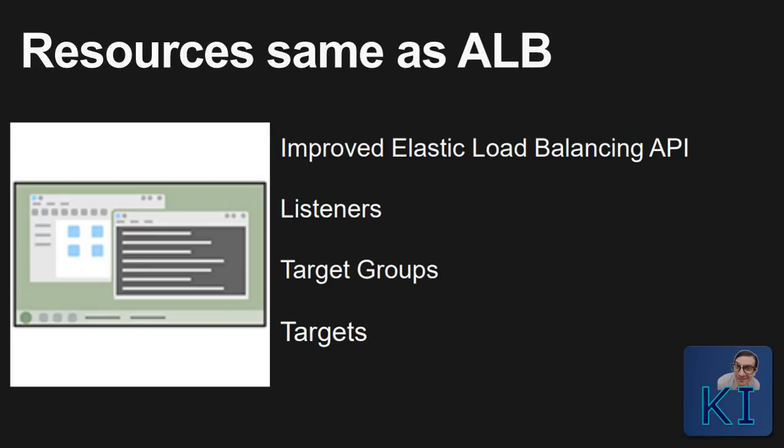And all the concepts of listeners, targets, target groups, those things are as they are, right? Between ALB and NLB, you just need to understand that you have more filtering available in case of ALB based on what the path or what the request is. Based on the URL, you can filter and distribute the traffic to different target groups.